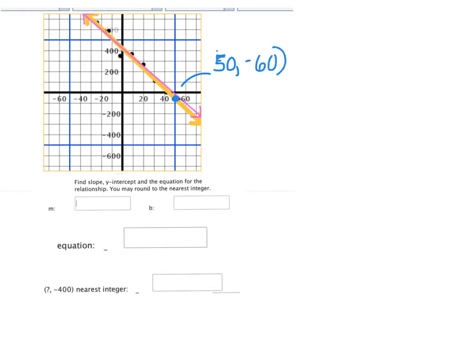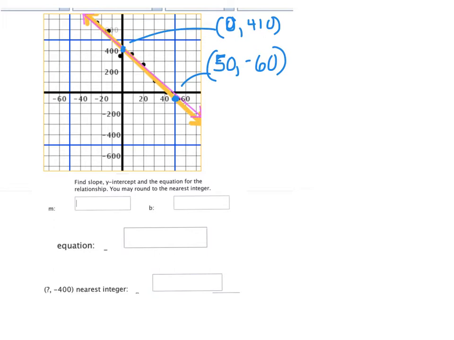It's a little more than halfway. Again, I'm approximating. And then I'm going to find one other point. I'm going to estimate this one here on the y-axis. This point is 0, a little higher than 400, so maybe 410. All right.